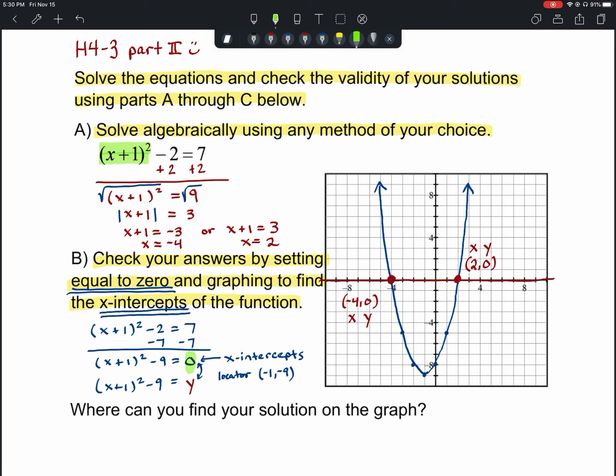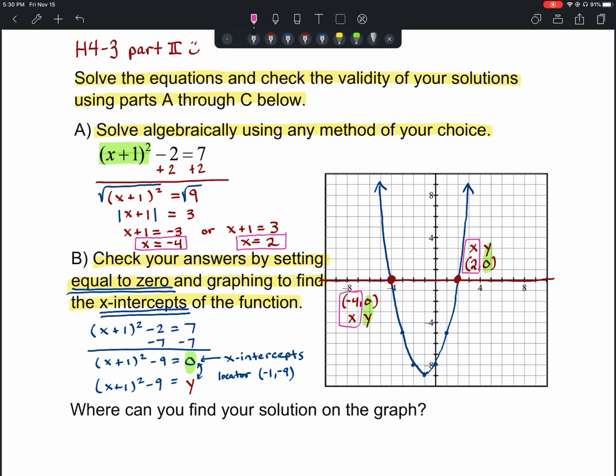So when our outputs are 0, the inputs that we have, our x is equal to negative 4, and our x is equal to 2. And we'll find those are the same as the answers to our original equation. So we had two solutions when we solved it algebraically, and we see that we have two solutions on the graph.